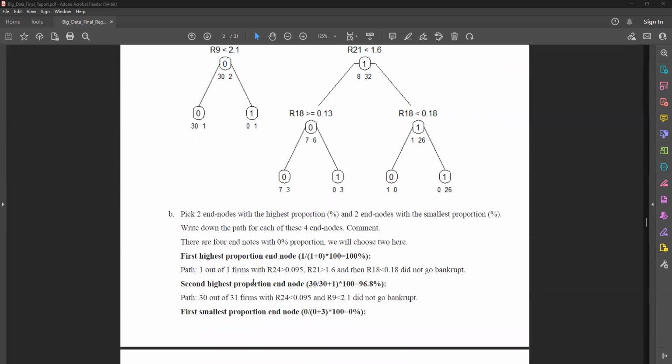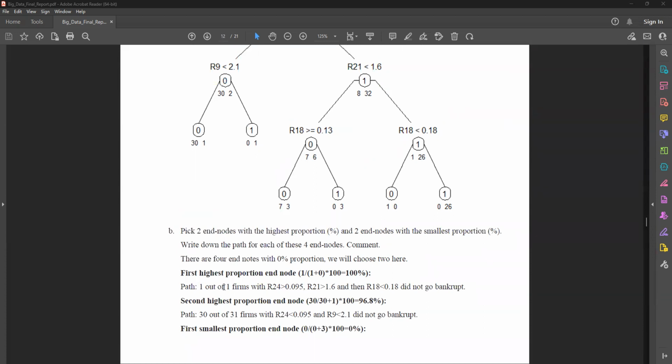The path is one out of one firm, with R24 larger than 0.095, R21 larger than 1.6, and then R18 smaller than 0.18 did not go bankrupt. The second highest proportion endnode, with a proportion of 96.8%, is this one.